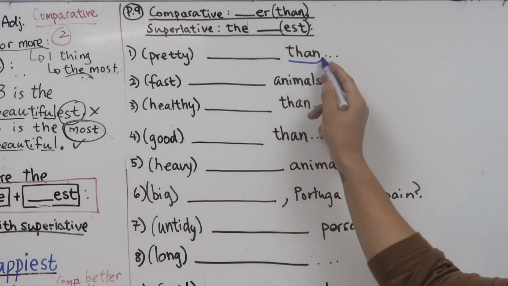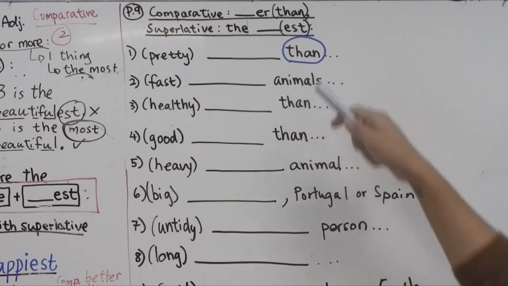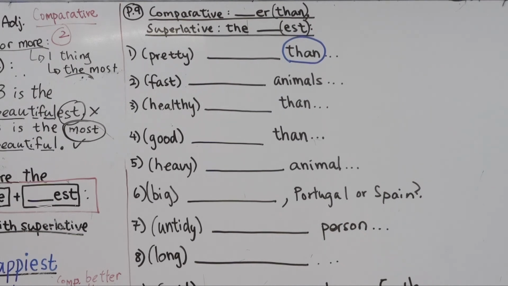So we have the word than here. Try to analyze the sentence before you actually answer. Read the sentence. So which one should we use if there is a word than, T-H-A-N? Is it comparative or superlative?